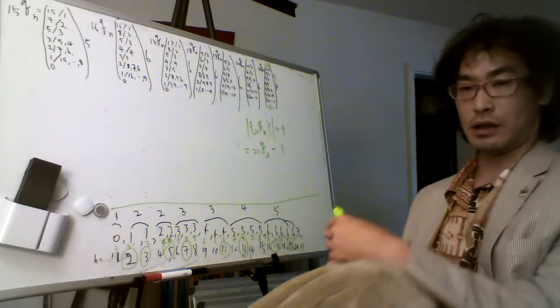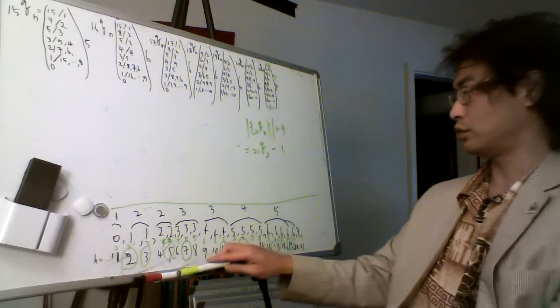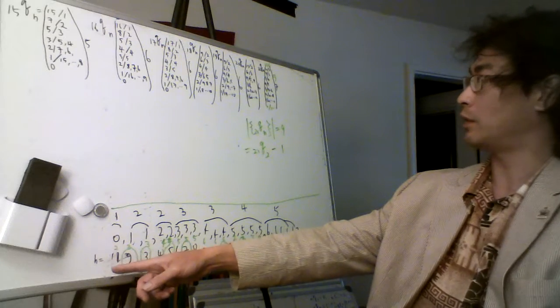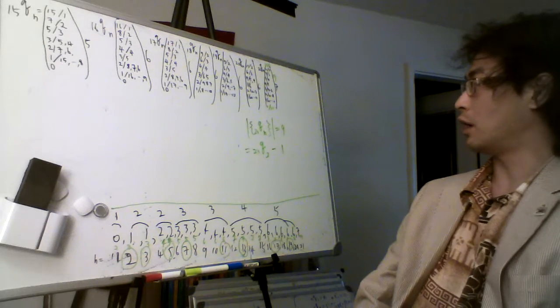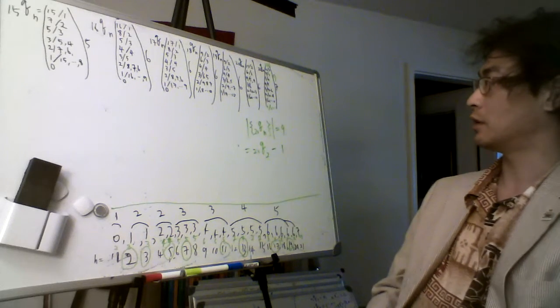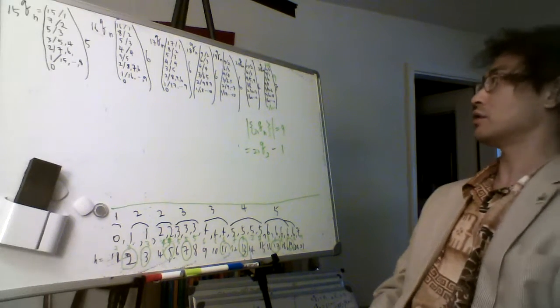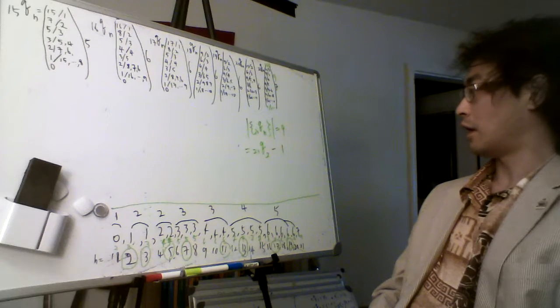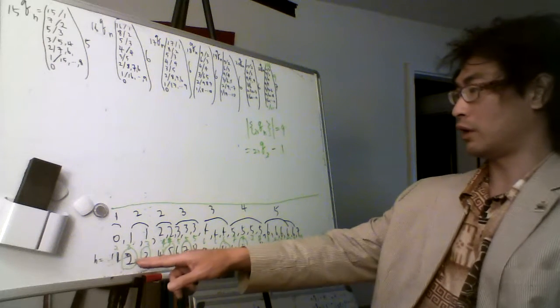What I'm saying is this. Compared to this head number, the absolute value of this quotient sequence used to be what?